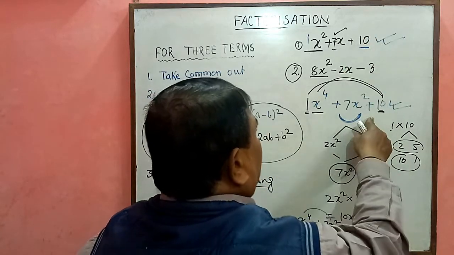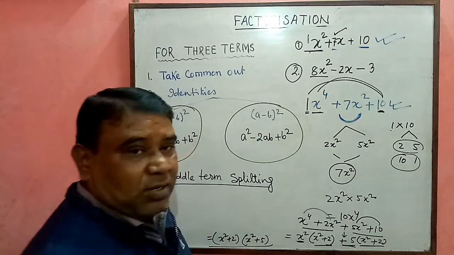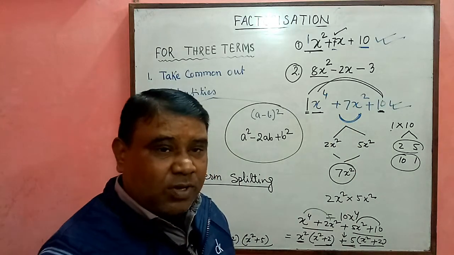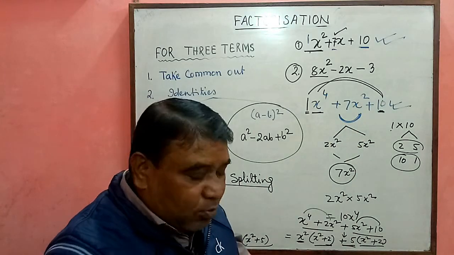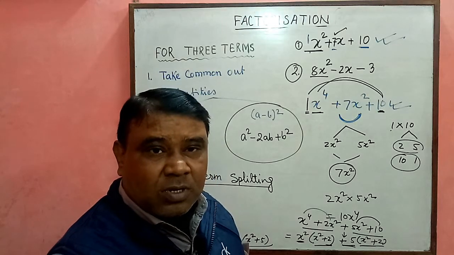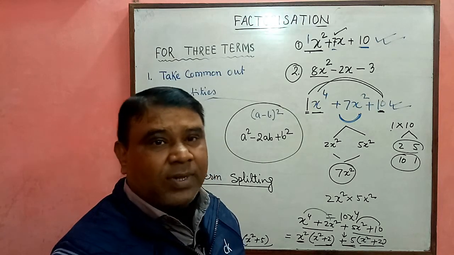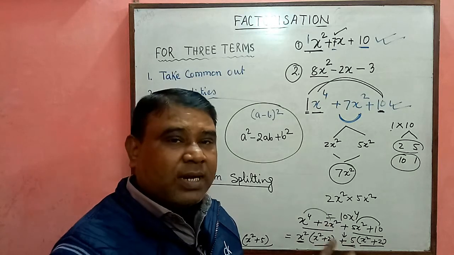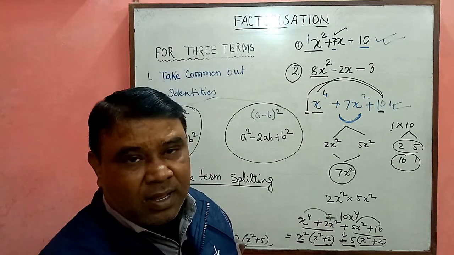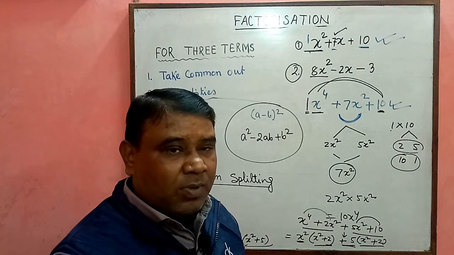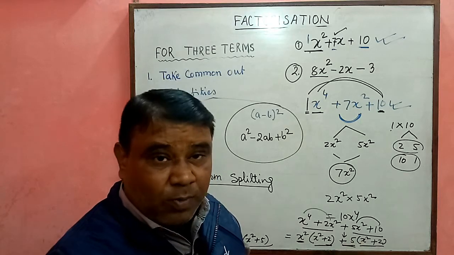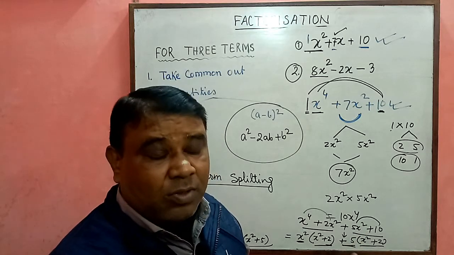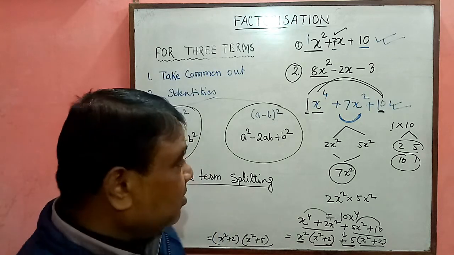If this is positive, the middle term will always be split in such a way that they have to be added together. Addition means with similar sign. If negative, both terms will get a negative sign. If positive, both will be positive, and then only those two numbers will be added.